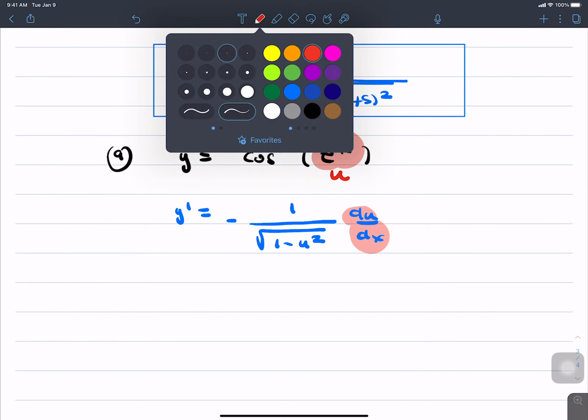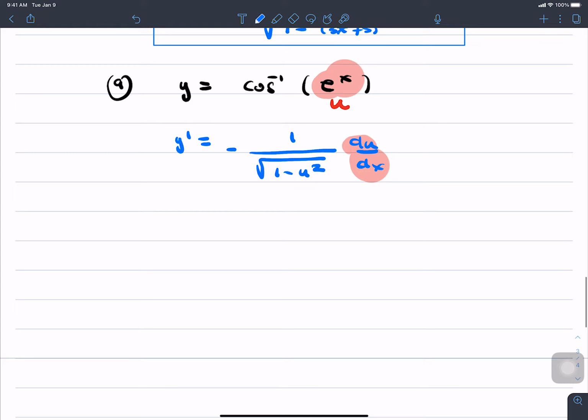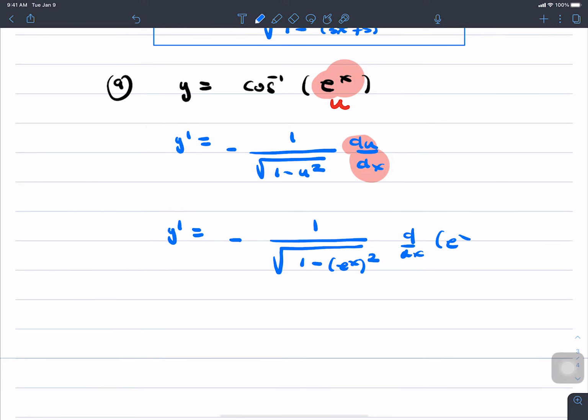So that derivative will be negative 1 over the square root of 1 minus e to the x squared times the derivative of e to the x.